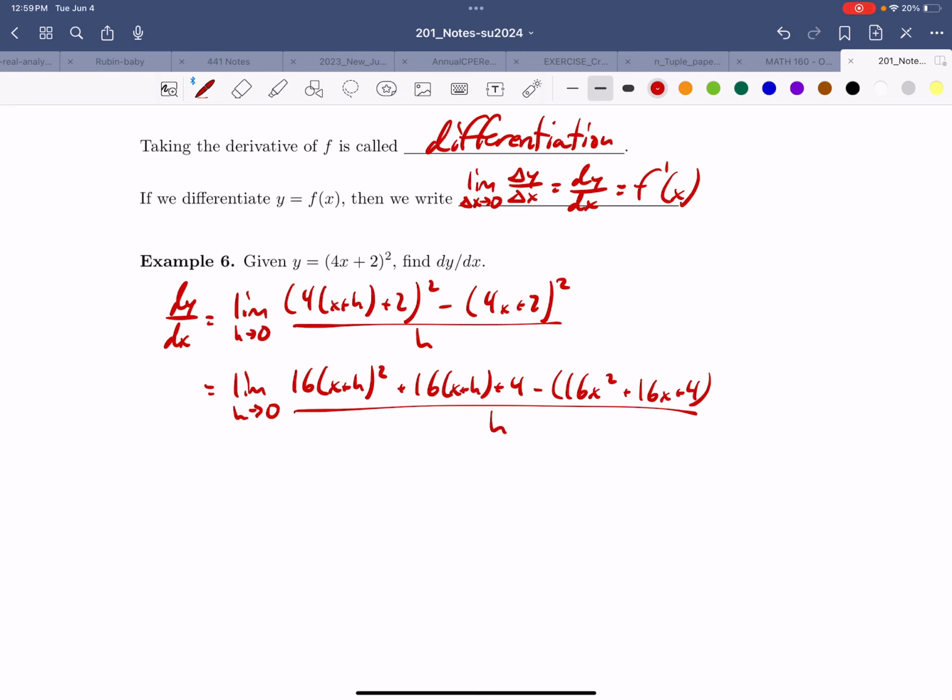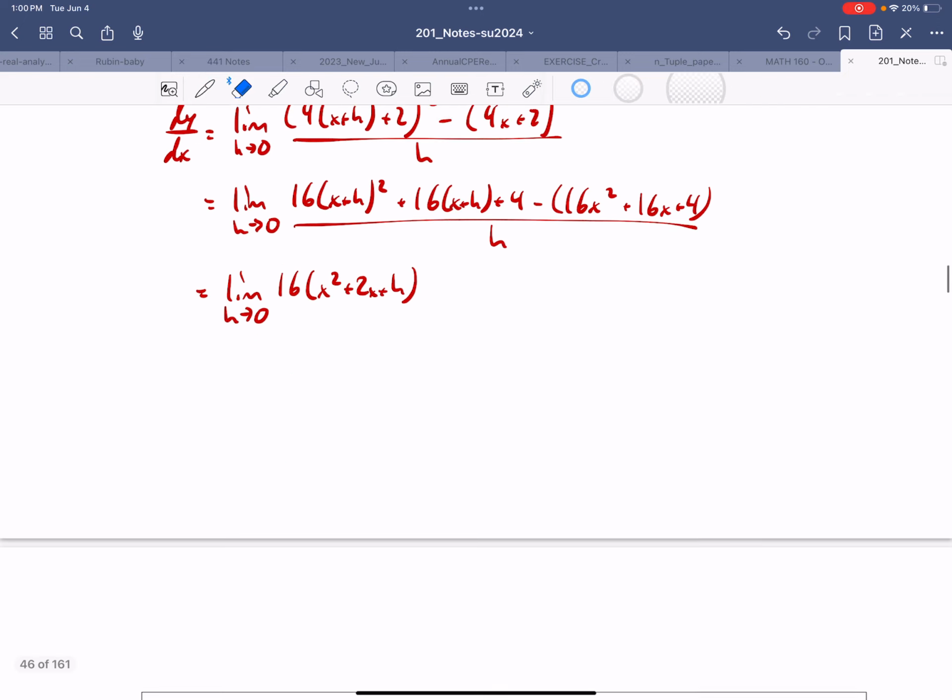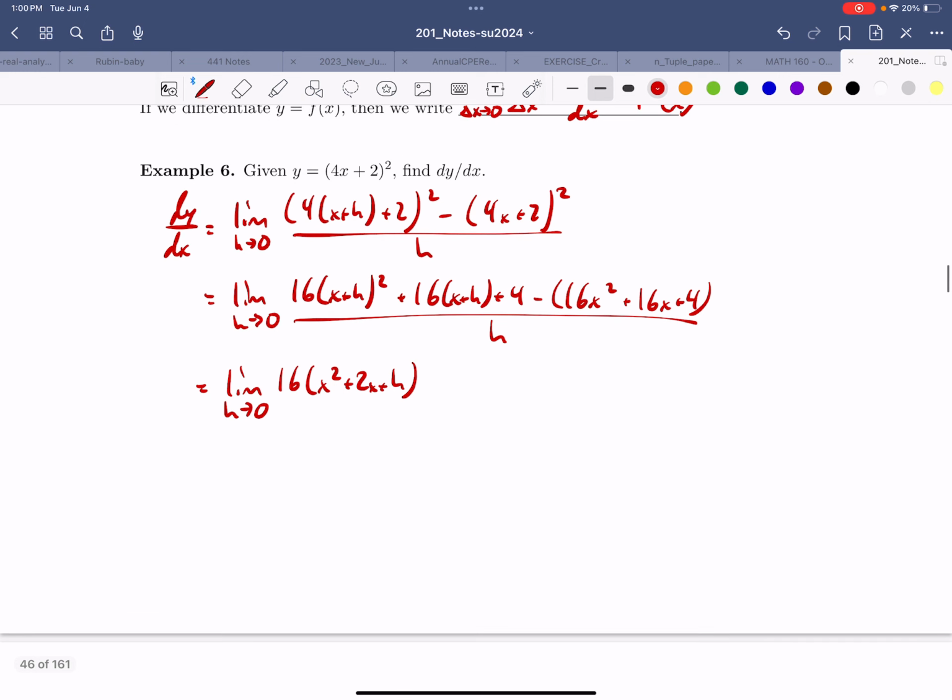Now let's just do this out a little bit more. This is the limit as h approaches 0 of 16 times the quantity x squared plus 2xh plus h squared. And then when you multiply that all out, well, that's okay. I'll write it all out. This is going to be 16x squared plus 32xh plus 16h squared plus 16x plus 16h plus 4 minus 16x squared minus 16x minus 4, all over h, right?